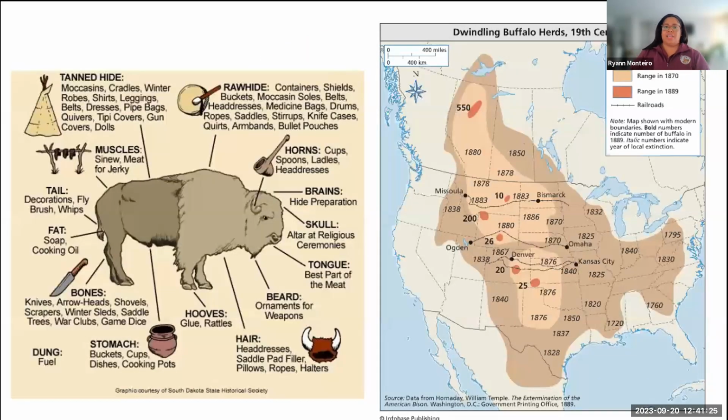Another example that I wanted to put is with the bison and buffalo. Another climate change impact that a lot of people don't really think of, or I wouldn't be surprised if you haven't thought about how this affects folks in the plains area. But as the climate warms, bison in North America are likely to shrink.